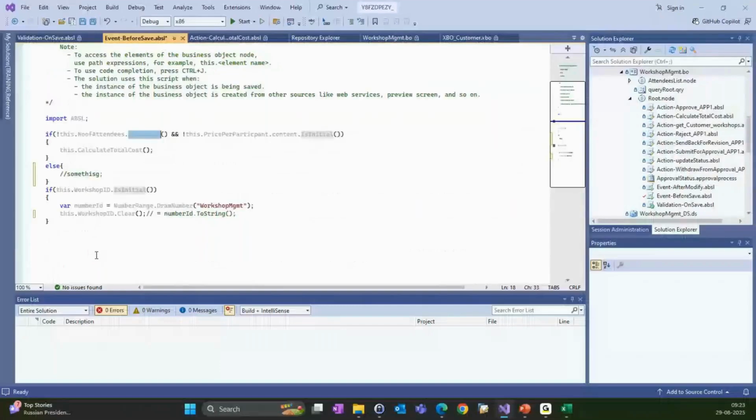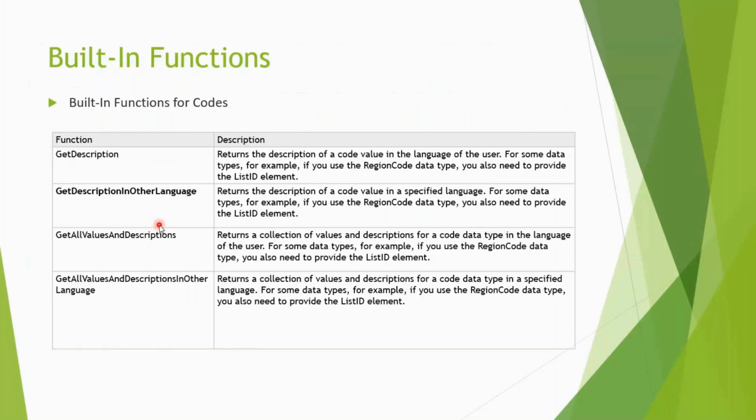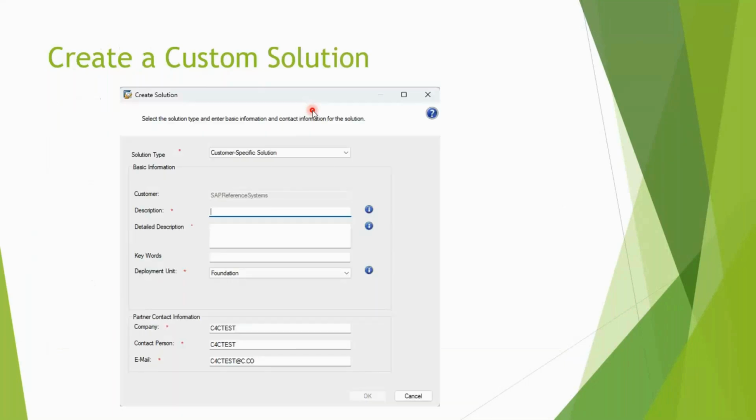Okay. Then what do we have? Yeah, so the built-in functions, we will go through in the next sessions. So this one would be fine. And maybe from tomorrow's session we will create a custom solution.